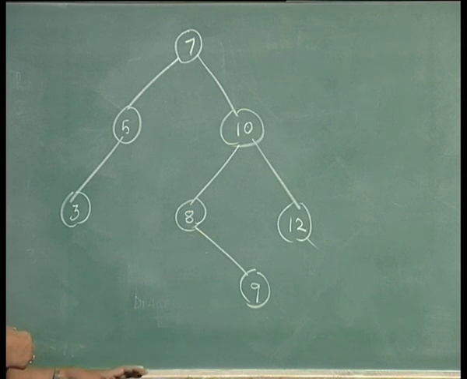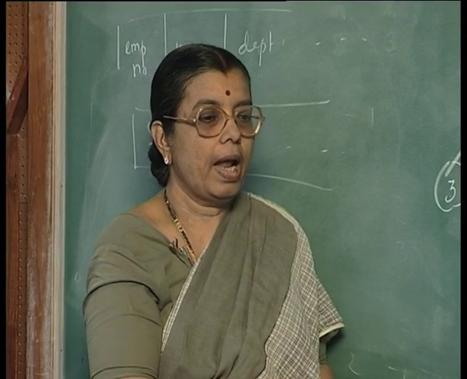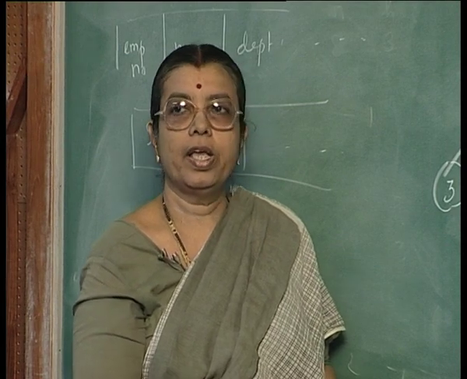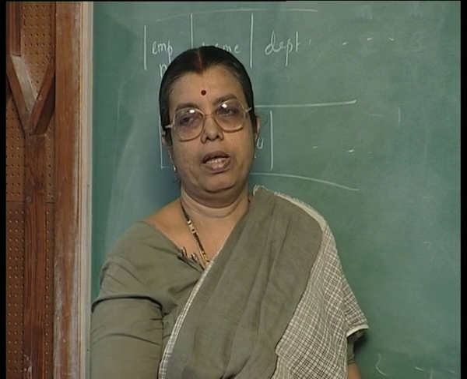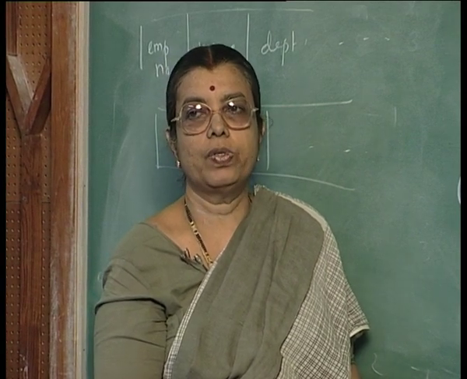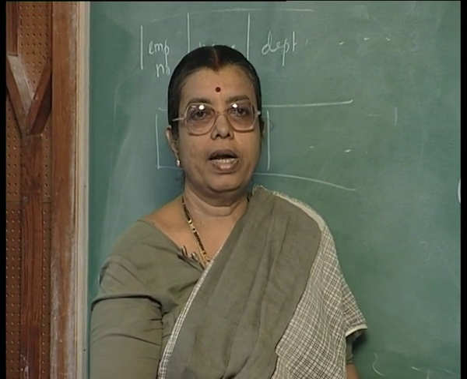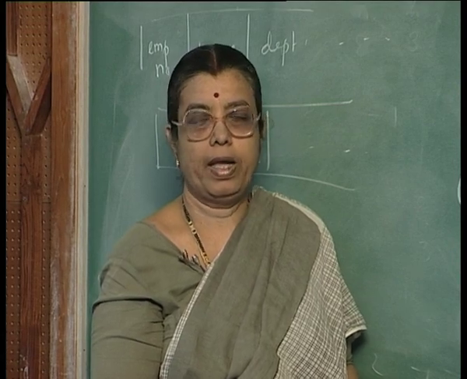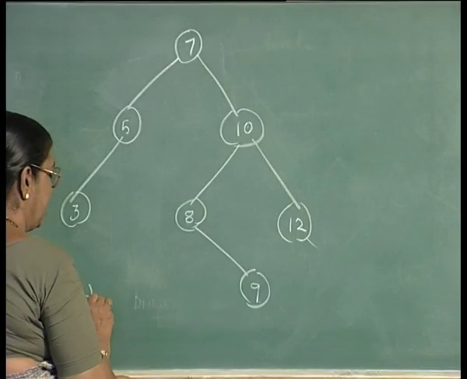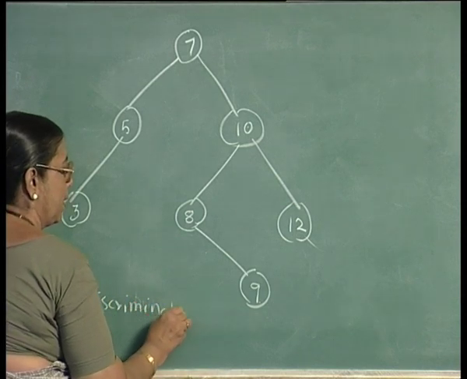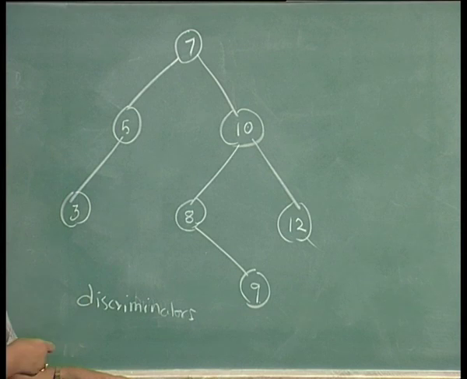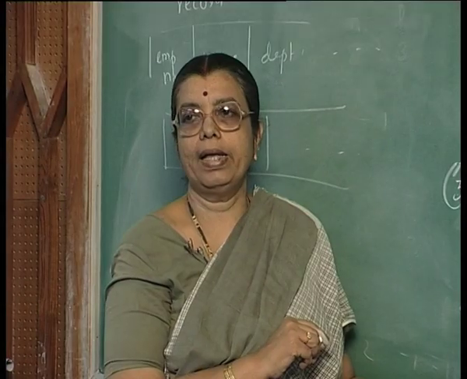Another way of storing is you store the records only at the leaves, and in the internal nodes you store discriminating values. They are called discriminators. The records are stored only at the leaves.